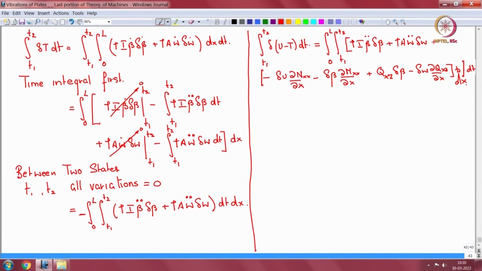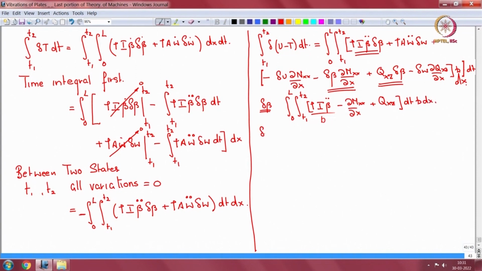Okay. Now what do we have for delta beta? We have integral 0 to L, integral T1 to T2, rho I beta double dot by B minus del M_XX by del X plus Q_XZ, dt B dx.